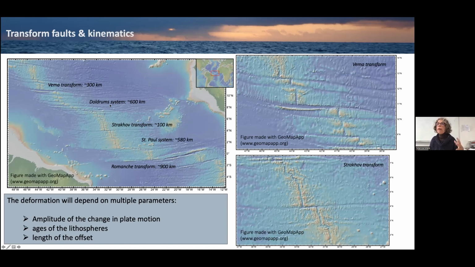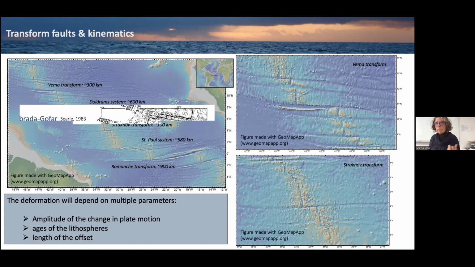If you compare the reaction of the Vema, which is 300 kilometers, and the Strakhov, which is about 100 kilometers, that underwent roughly the same change in plate spreading about 10 million years ago, that induced the formation of a flexural ridge in Vema. We see that on Strakhov we don't see any flexural ridge. So this means that the ages of the lithosphere involved in the process and the length of the offset are important factors in how the transforms evolve.